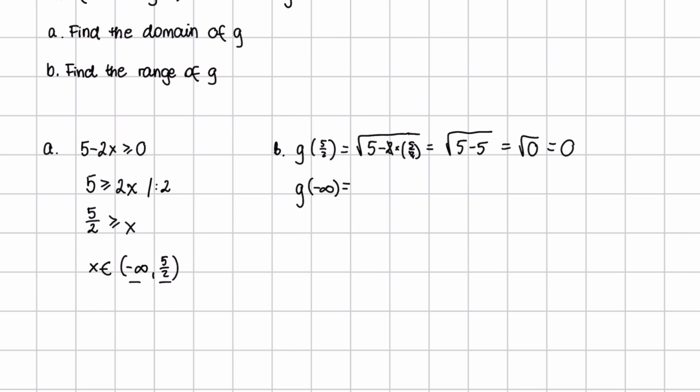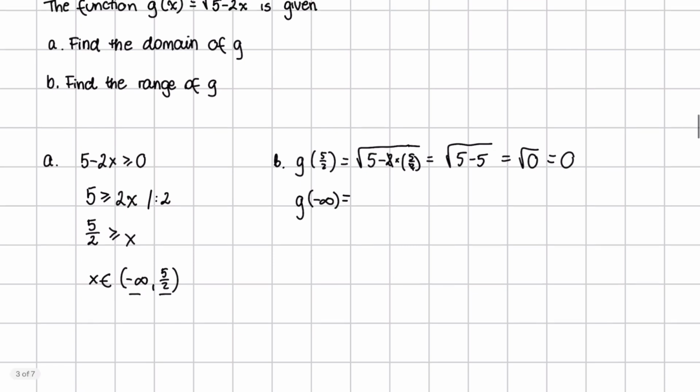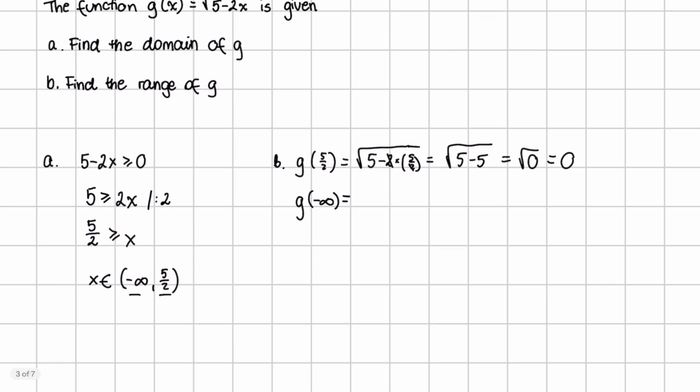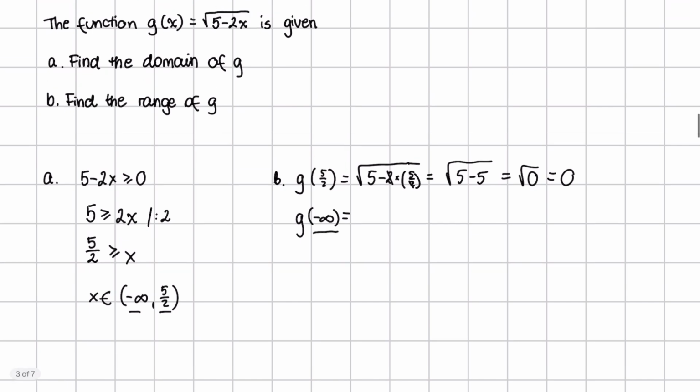We have to remember, maybe it's not that obvious, that we cannot simply substitute minus infinity into our x, but we have to think logically. If we have a very small number, then our very small number times minus 2 will be a huge number, so it will be plus infinity.